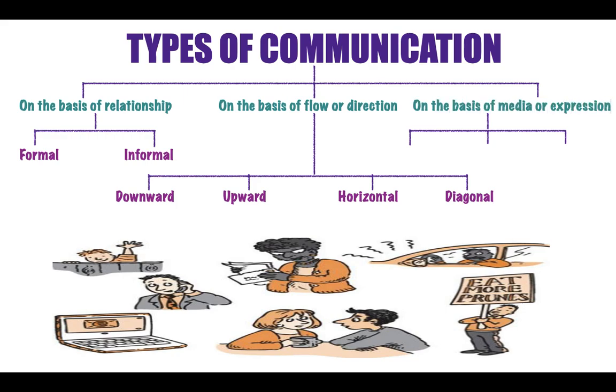Then, on the basis of media or expression, we have written communication, oral communication, and non-verbal communication. In the pictures here, you can see different types of communication: formal, informal, non-verbal, and written and oral communication. These are the different types of communication that can take place in an organization or otherwise.